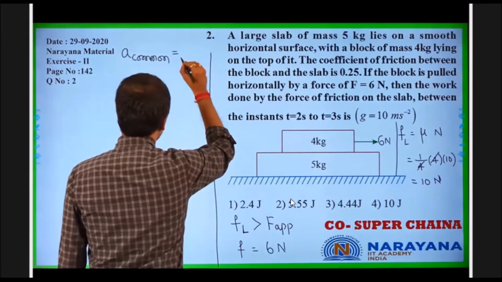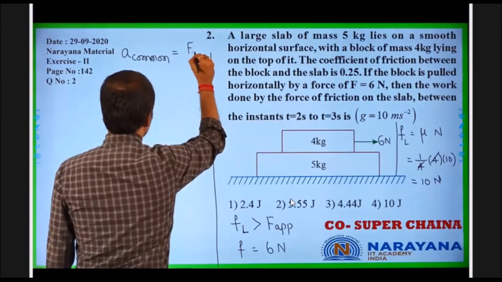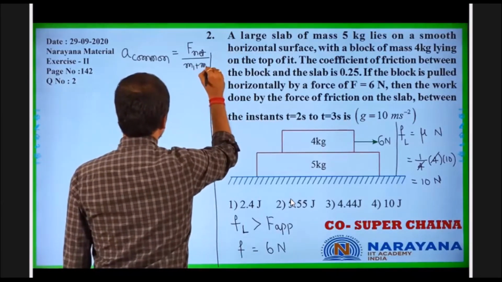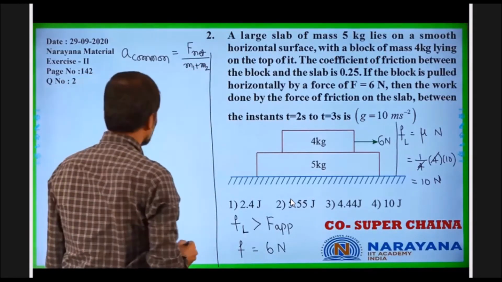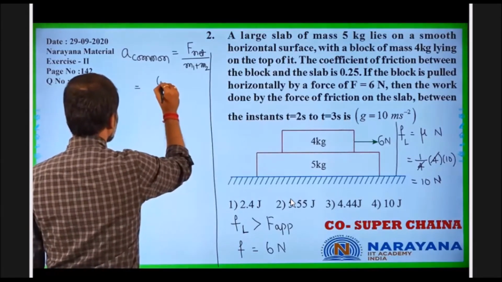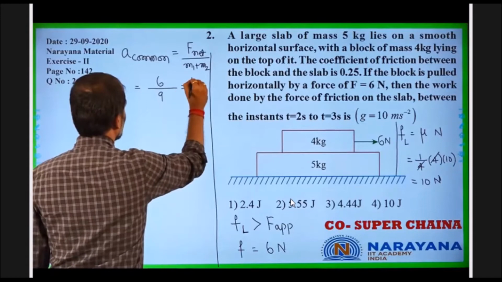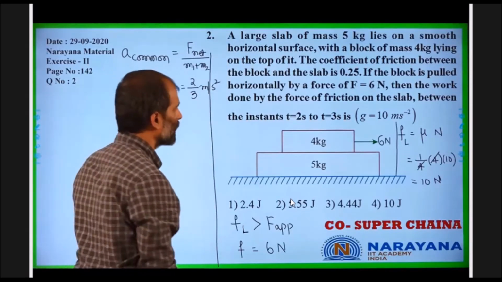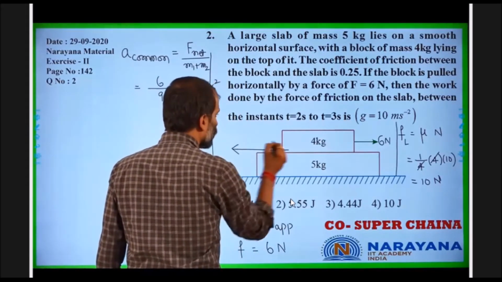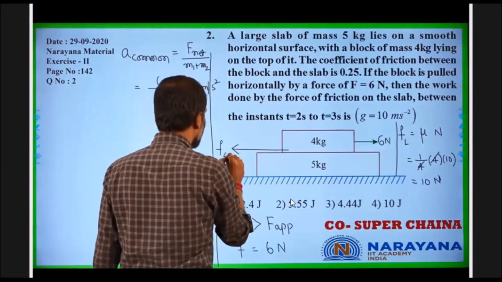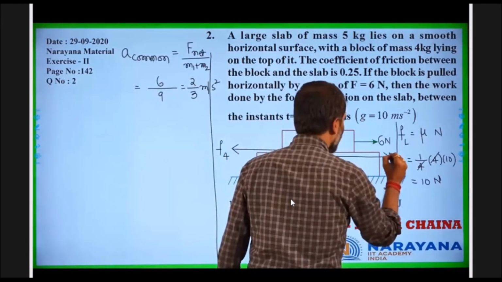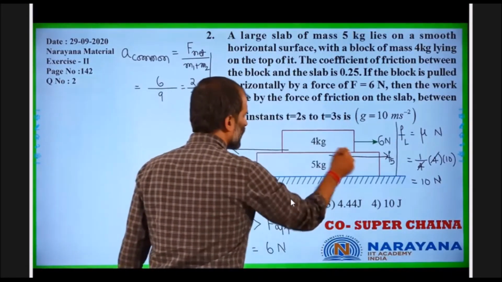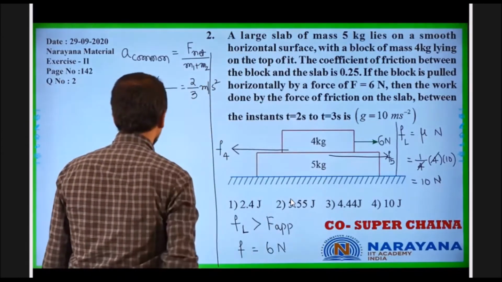That is nothing but the net force acting on the system divided by m1 plus m2, which is 6/9, equal to 2/3 meter per second square. Every one of you needs to understand that the frictional force acting on the 4 kg block would be acting in this direction, and the frictional force on the 5 kg block would be acting in this direction. When we consider the net force, these two forces get cancelled off. It is the 6 Newton we have been considering.